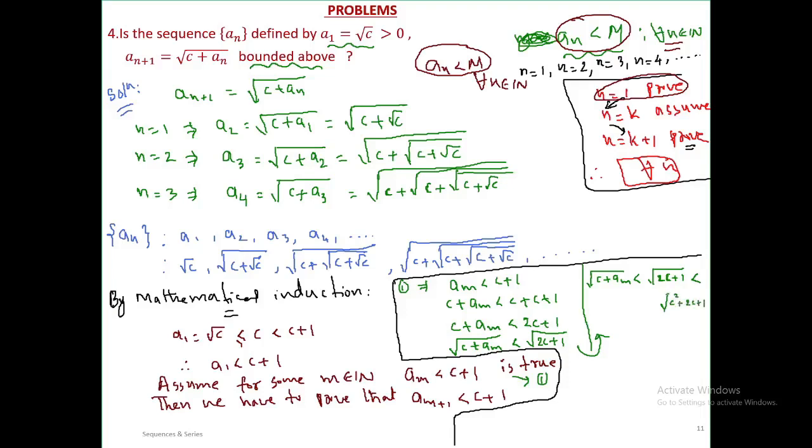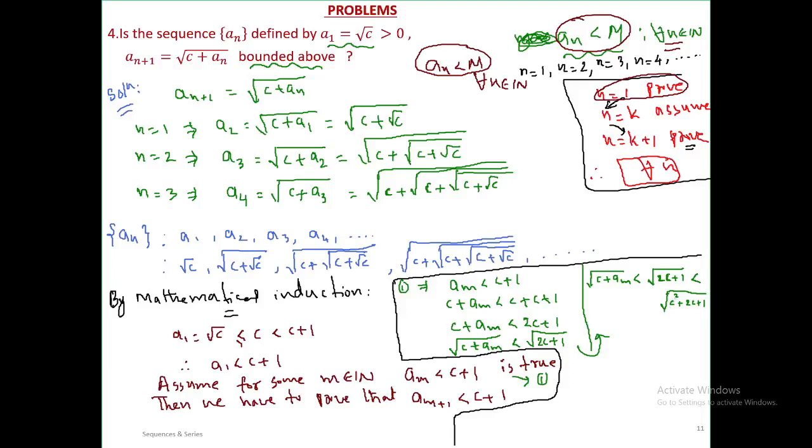Can I write this one? I cannot easily, because here it is just 2C plus 1, but an extra C squared is included. Therefore, obviously this number is more than this number. So what is the difference between these two numbers? Square root of 2C plus 1 is less than square root of C squared plus 2C plus 1. C squared, one number you added extra.